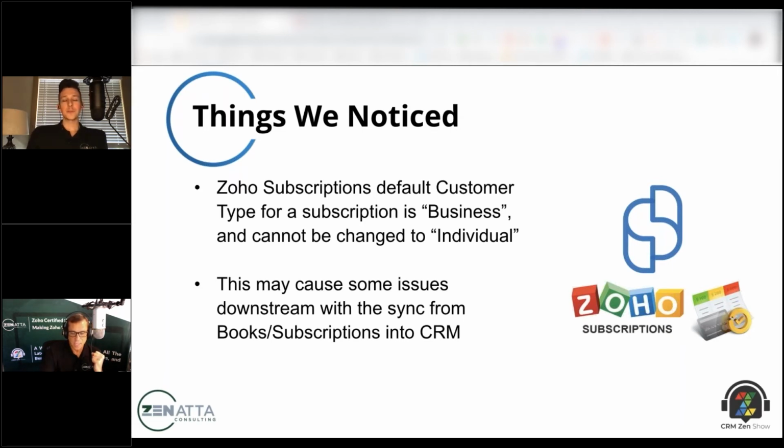And one of the workarounds that Zoho did provide for us is that if you actually have them fill out a form, right, that would create their subscription, not billing yet, but create their subscription and customer record, then you could define them as a customer or as an individual, but then you would have to trigger an email to go to them to put in their payment information to actually sign up for that subscription.